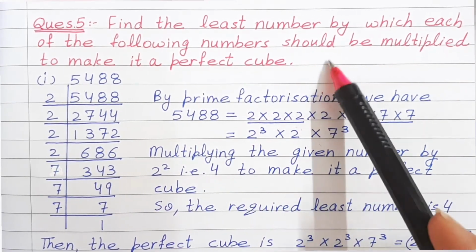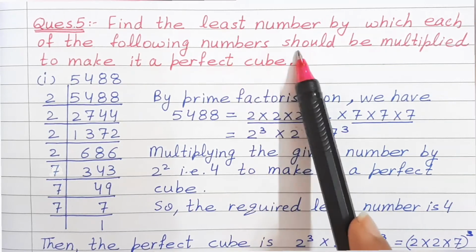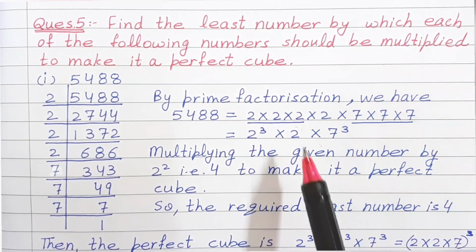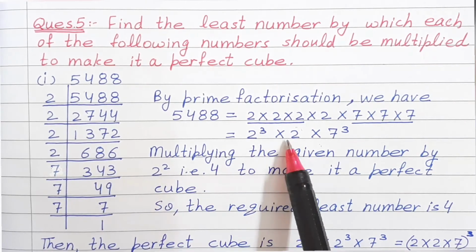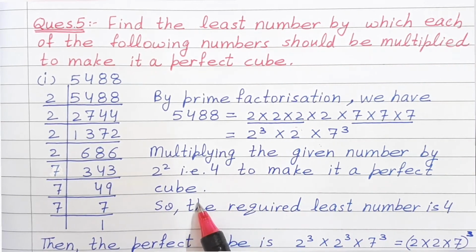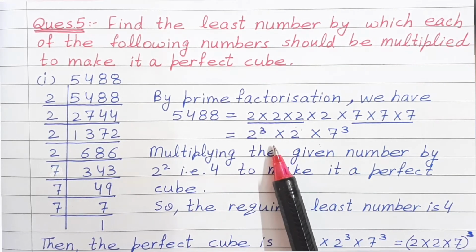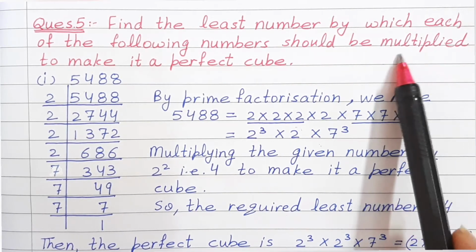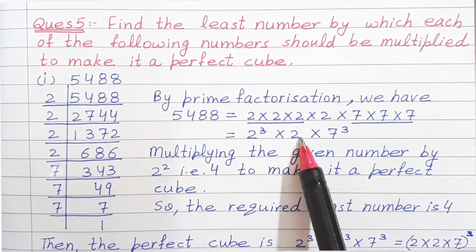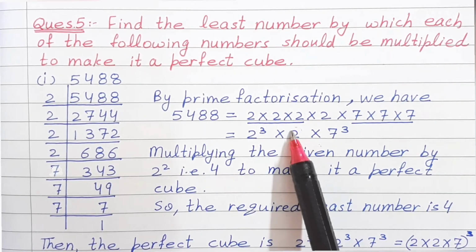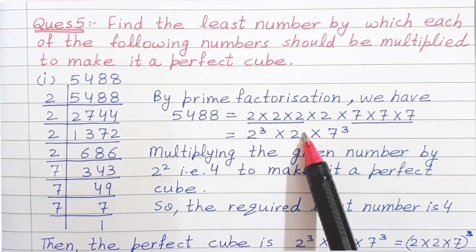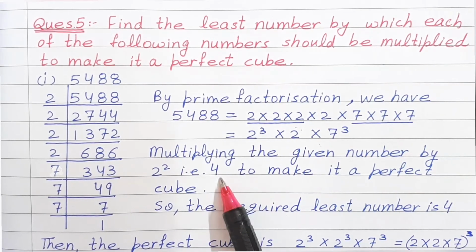Here I need 2 more extra 2 to make it a perfect cube. Clear? See, the question is what number should be multiplied. So what should I need here? I need 2 square, that is 4, to make it a perfect cube. Students, remember in the same question, if instead of multiplied it is divided, in that case I will divide with 2 because 2 is not in triplet form. But in case of multiplied, I need 2 more 2, that is 4.